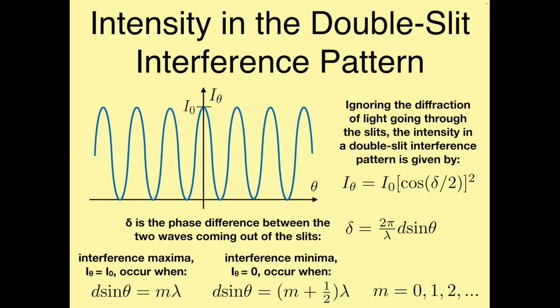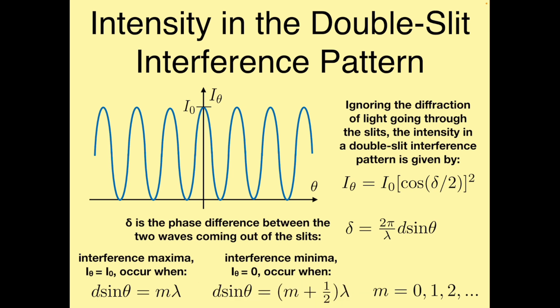Now to be clear, this result strictly applies to double-slit interference where we ignore diffraction of the light going through the slits. We know that if light goes through a narrow slit, you'll have this effect called diffraction. So we're ignoring that effect in this result here. We'll see how to include diffraction later on.